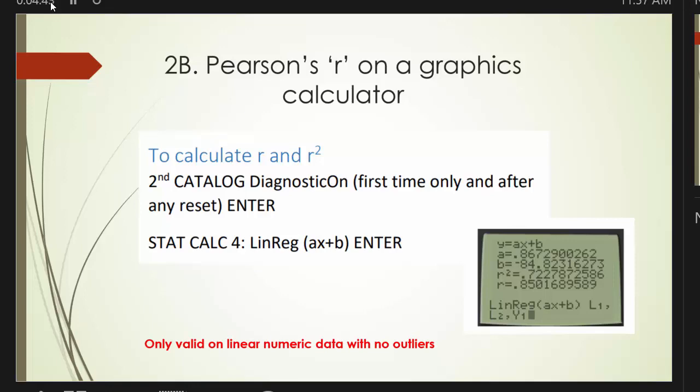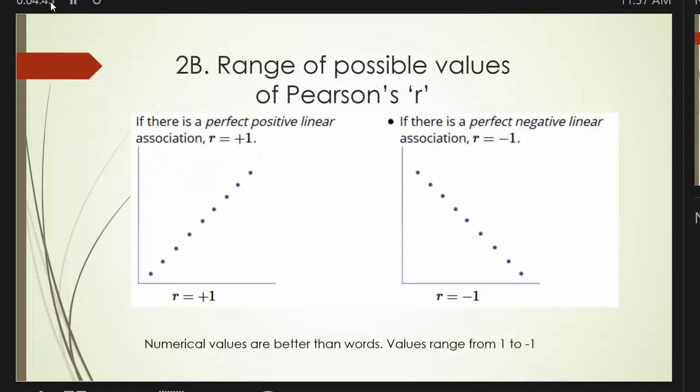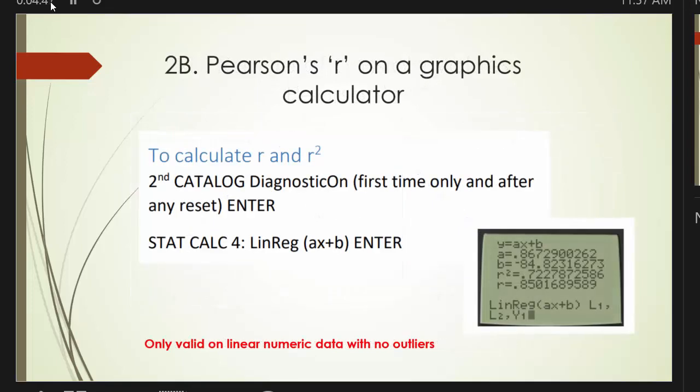You can also do what I did before, which was press the mode button and go down to stat diagnostic on. You should have some data in there. Has anybody not got any data in L1 and L2 already? So stat edit, have a look and see if you've got any data in there already. And then stat calc should give you a display that looks like this.